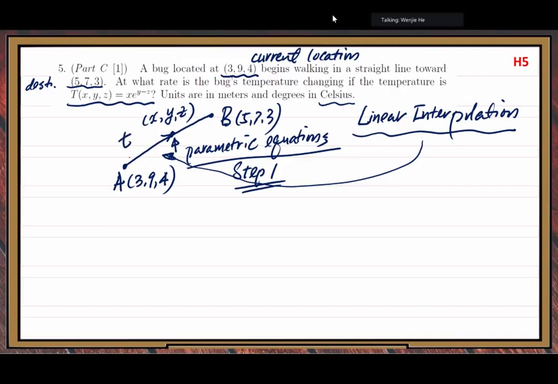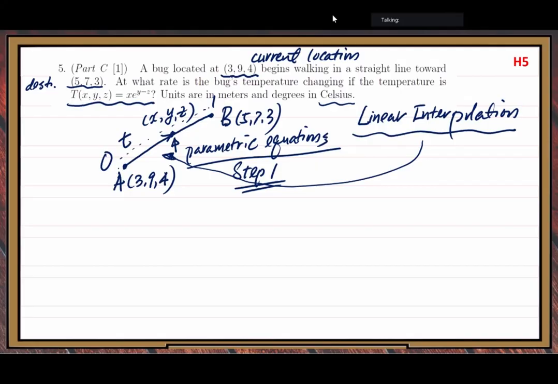T is the parameter, moving from A to B. At the A point, t equals 0. At the B point, t equals 1. So t continuously changes from 0 to 1. That's the range of the parameter t.